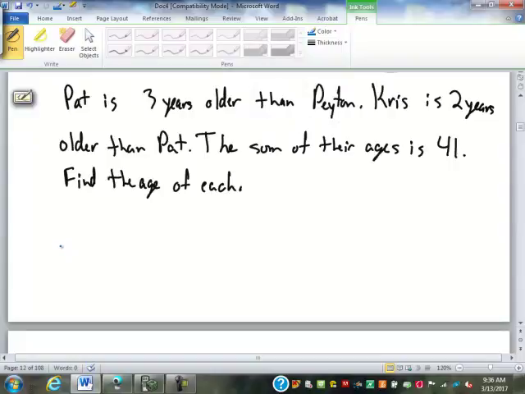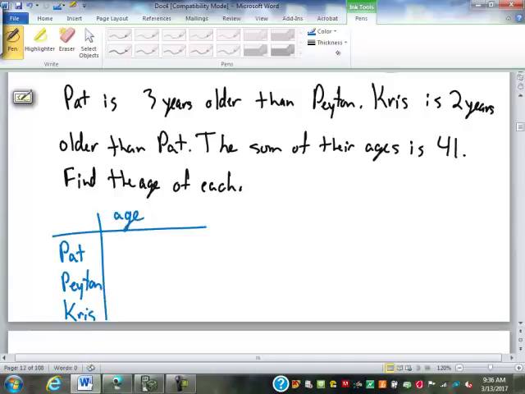So we've got Pat, Peyton, and Chris. Is there one that both of them are referenced off of here? Well, Pat is 3 years older than Peyton, so Pat references Peyton. Chris is 2 years older than Pat.